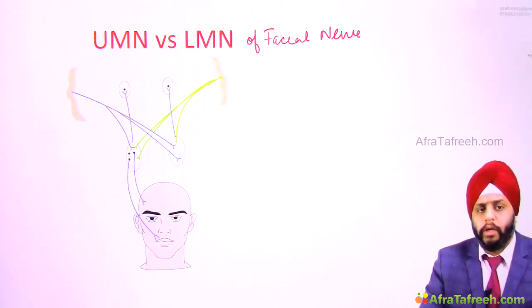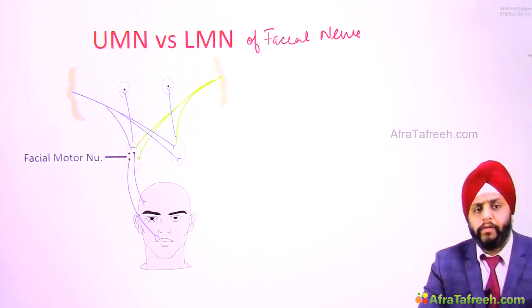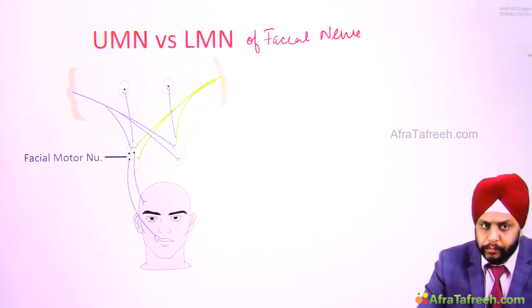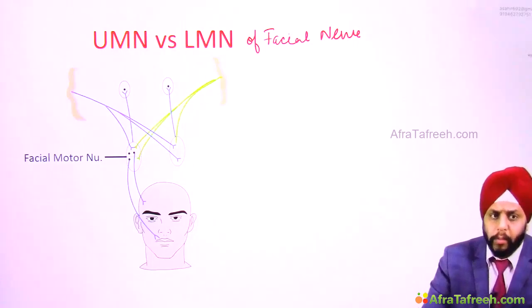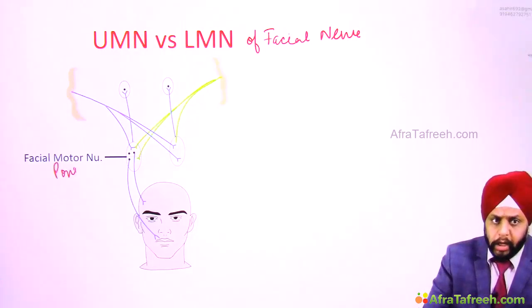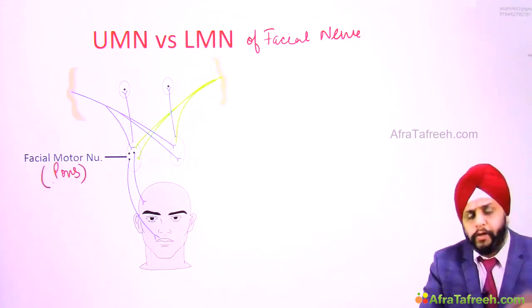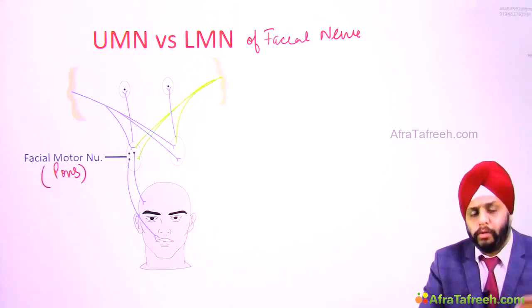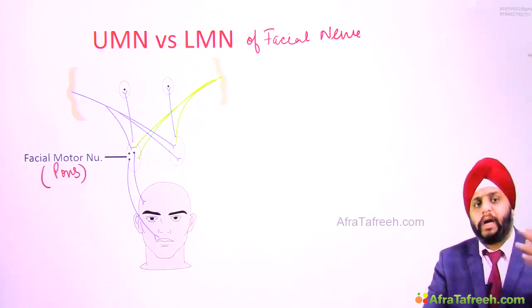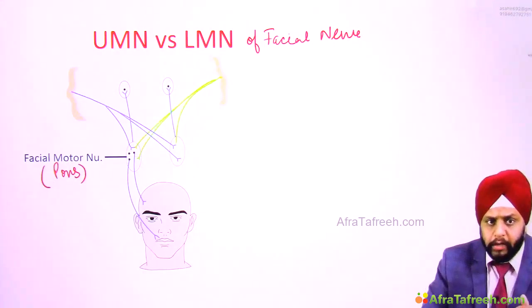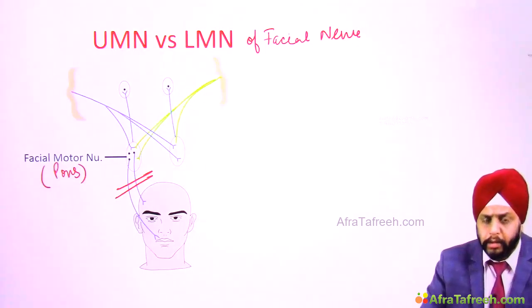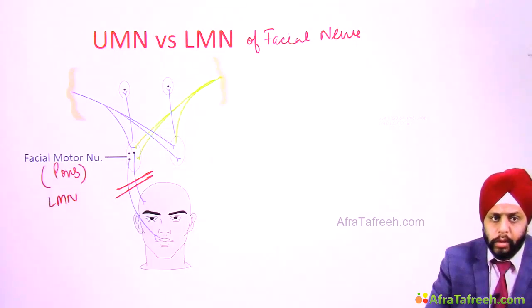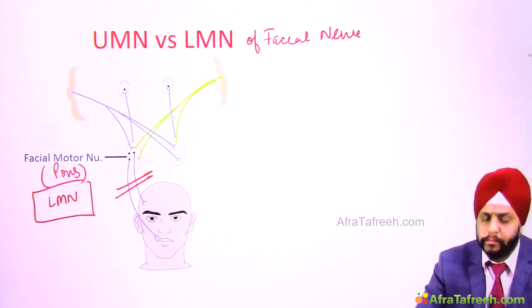So let's see over here, this is the facial motor neuron. We know it is in the pons, brainstem. From this motor neuron starts the facial nerve. So any injury below the motor neuron is known as a lower motor neuron lesion.